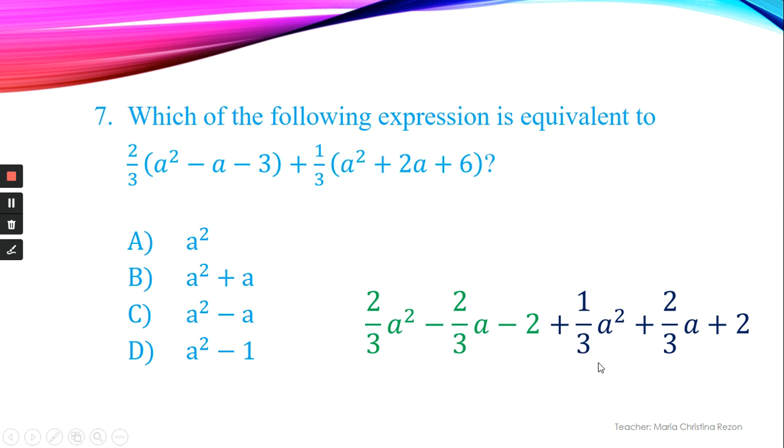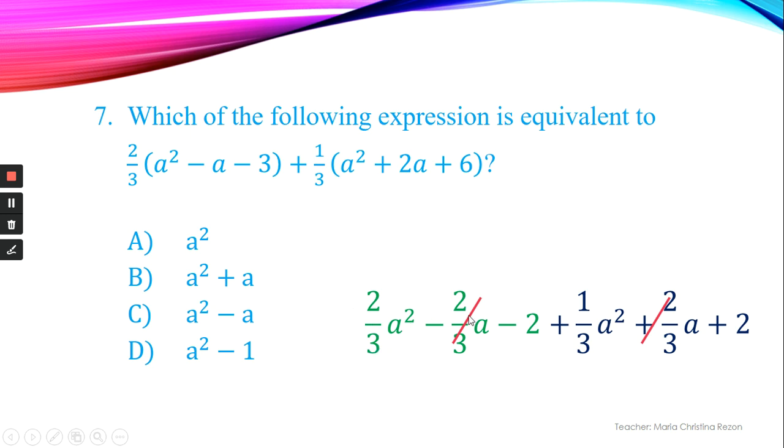So simplify this by combining terms. Negative 2 over 3a plus 2 over 3a is 0. Then this one, 2 over 3 and 1/3, they have the same variables raised to the same exponent. That means they are like terms, so we can add their coefficients.